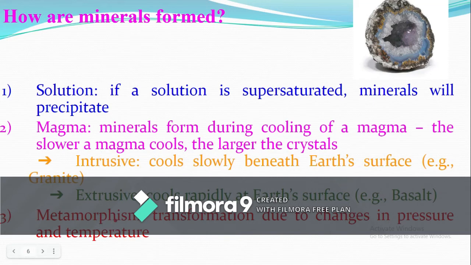Then there is another type of process which forms minerals. This is in the solid stage. Suppose you have a hard rock on the surface of the earth. Because of the change of temperature and pressure, these rocks may form a different kind of rock. We call this metamorphism. So this solid becomes solid, and you will have different types of mineral from the original mineral.